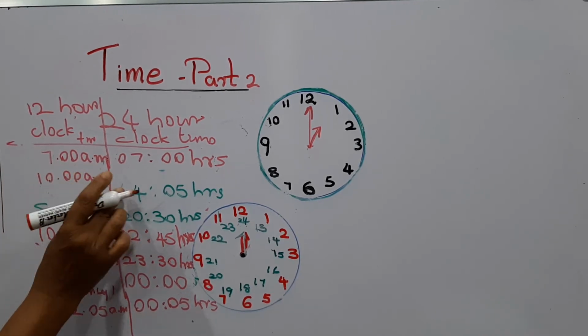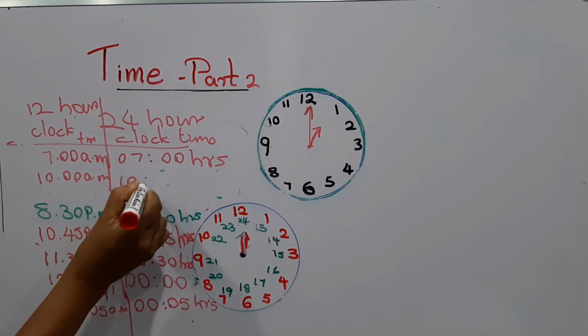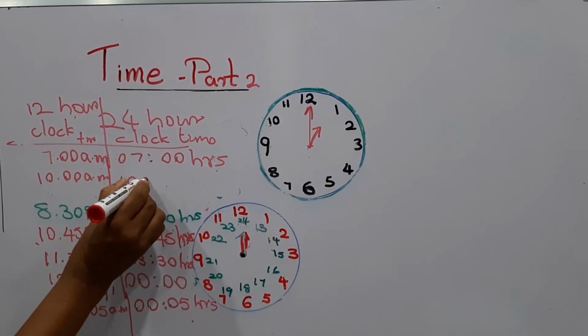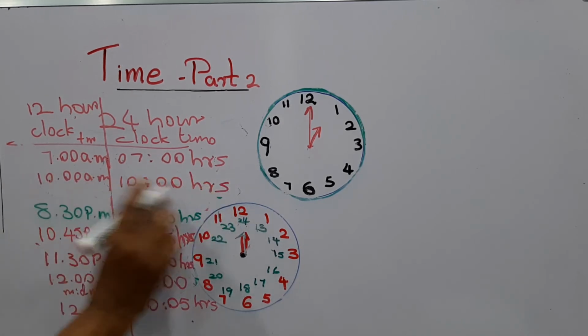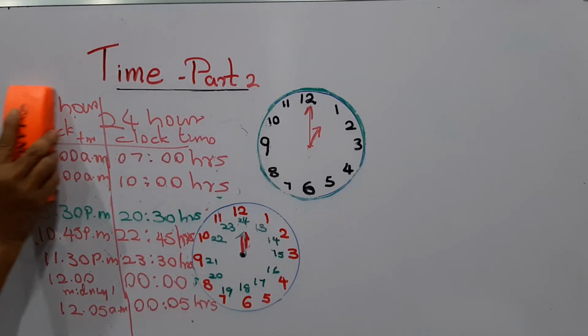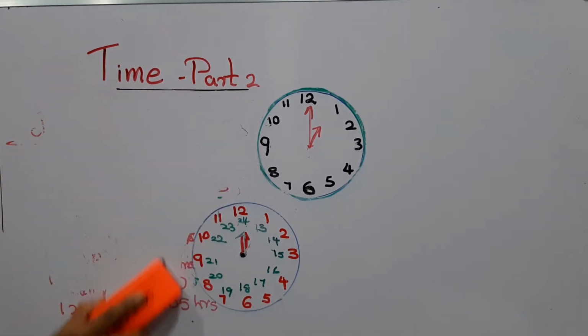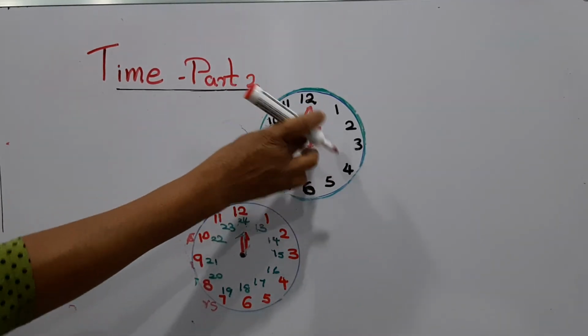Then how are we going to write in digital time? That is 10, like this. I think you got a good knowledge about 12-hour clock time and 24-hour clock time. Now we'll see, look at this clock. Now what's the time?